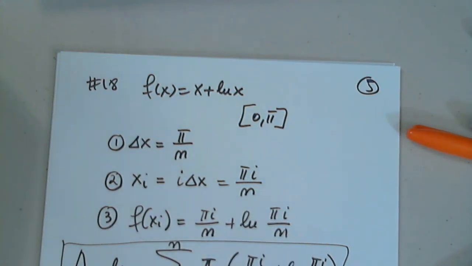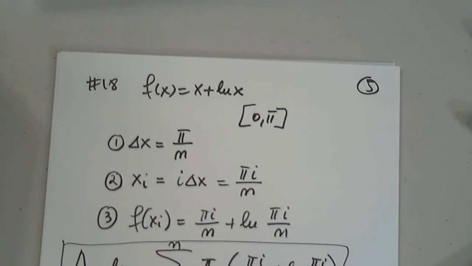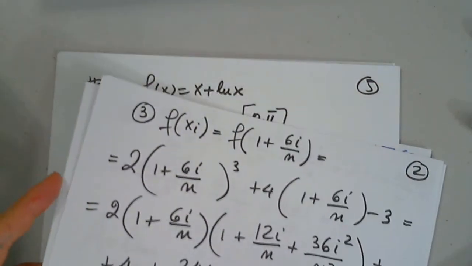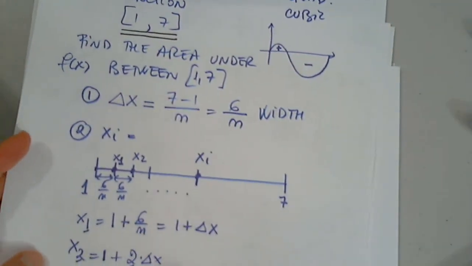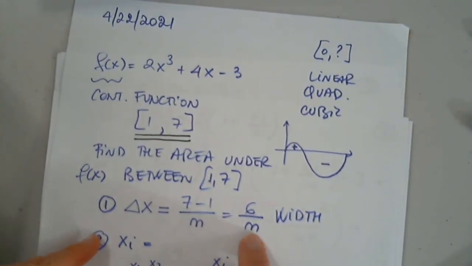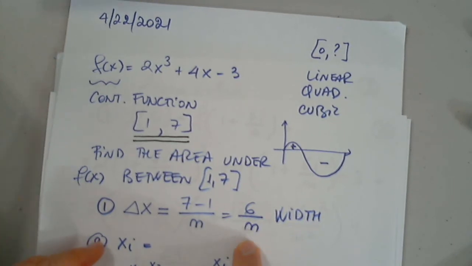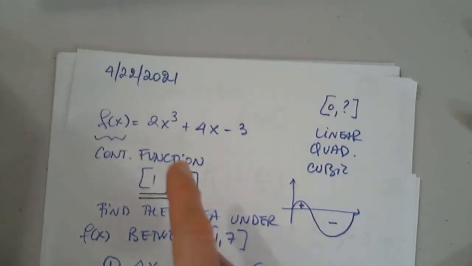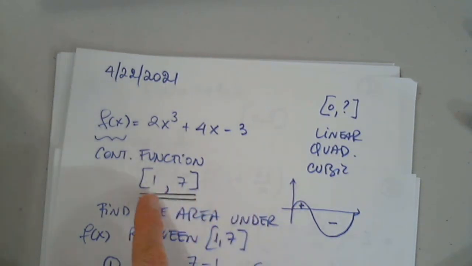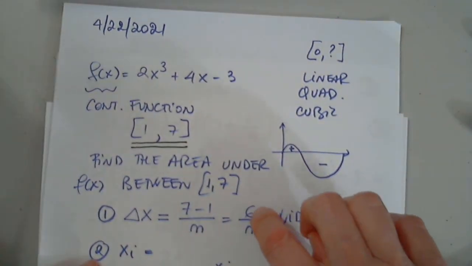So do they give you the change in x, the delta x? It cannot be given. We are dividing into n subintervals. I cannot determine n, because n will go to infinity. If I am told to approximate the area under the graph between 1 and 7 with 4 subintervals, then yes, I have 6 over 4.